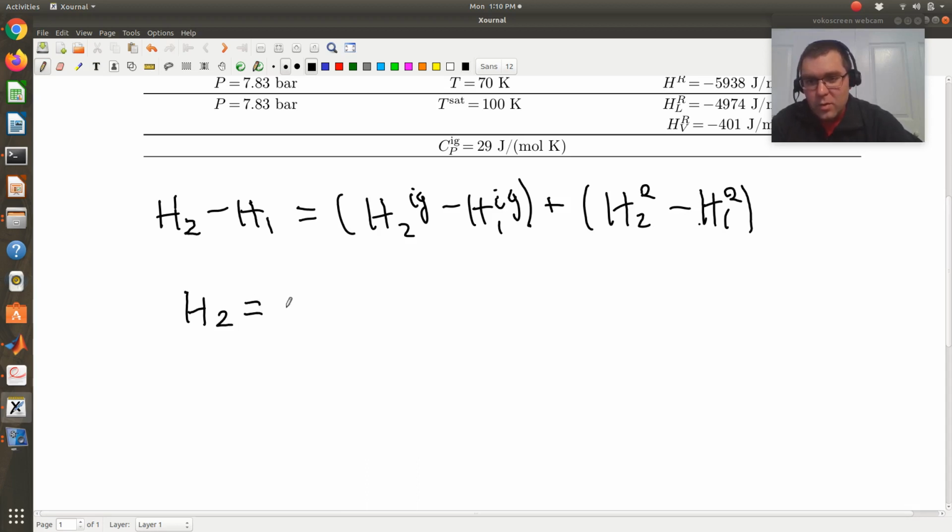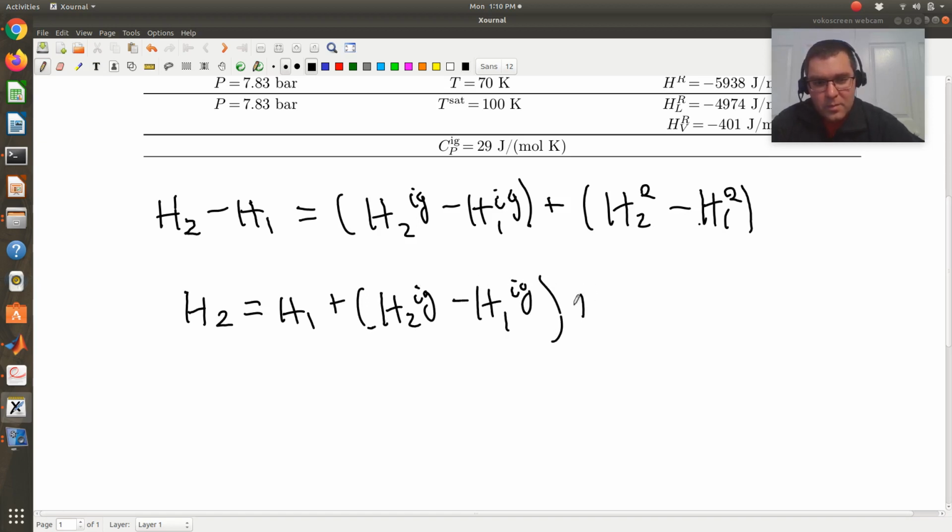Okay, so if I solve for H2, H2 is equal to H1 plus H2 ideal gas minus H1 ideal gas plus H2R minus H1R.